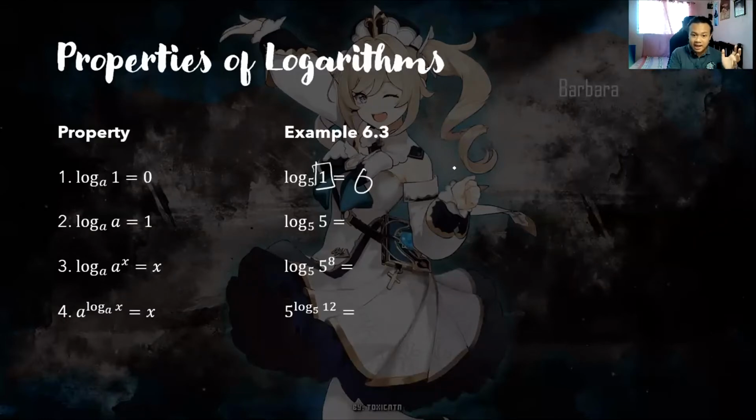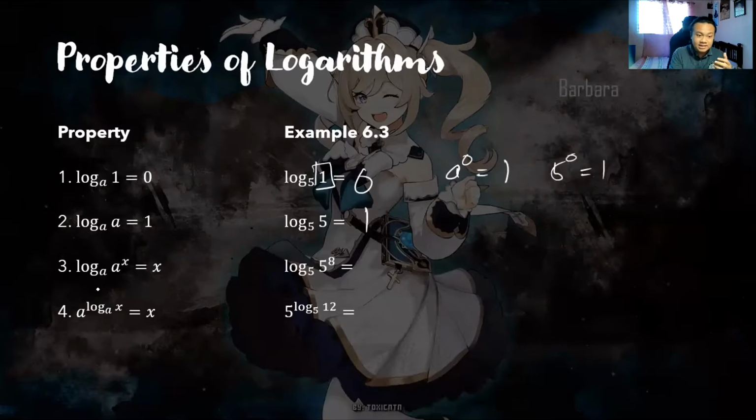Why? Because any number raised to 0 is 1. So 5 to the 0 gives 1. Next, if you get the logarithm of a number with the same base as the number, that's 1. It's the identity.